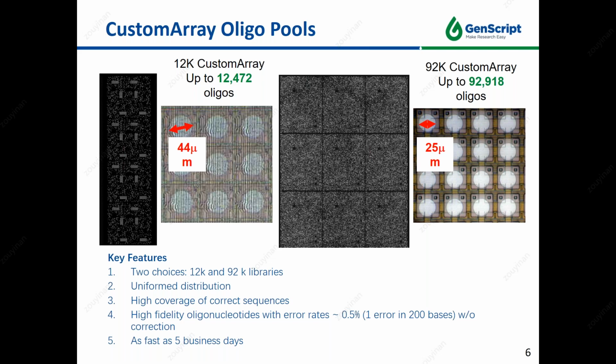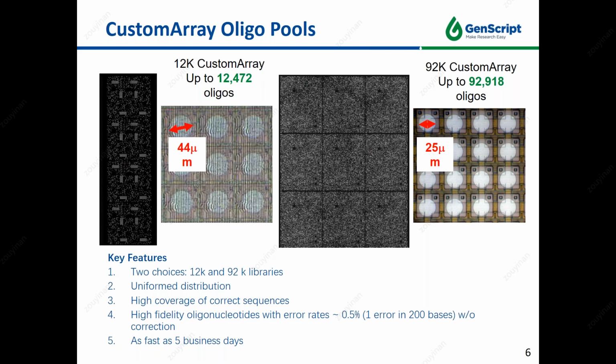A 12K chip can synthesize up to 12,472 oligos at one time, with the diameter of each electrode in the chip about 44 micrometers, while the 92K chip has a production capacity of 92,918 oligos. The diameter of the electrode in this chip is about 25 micrometers for each.